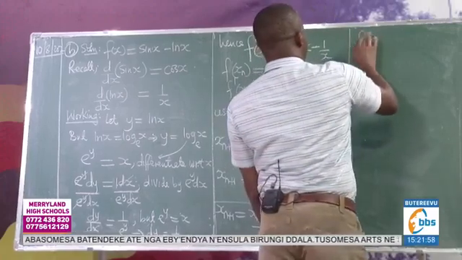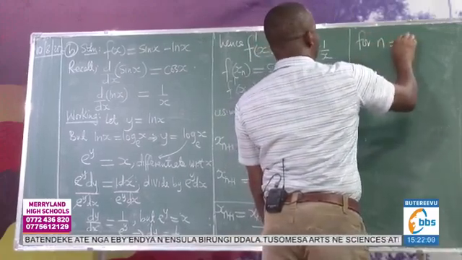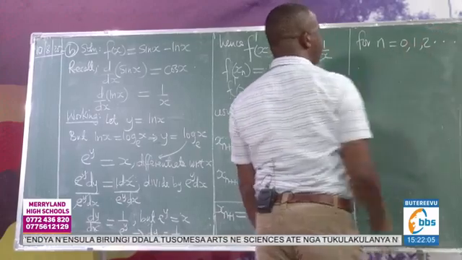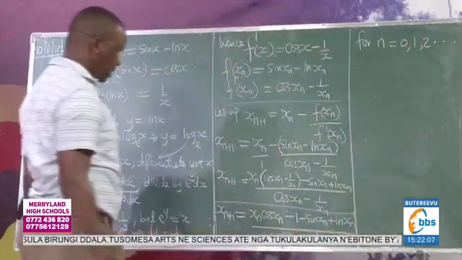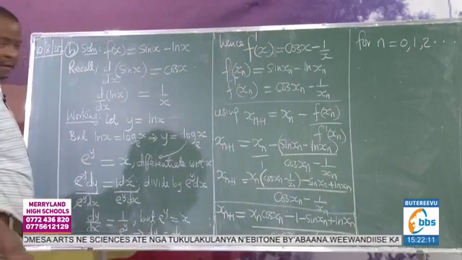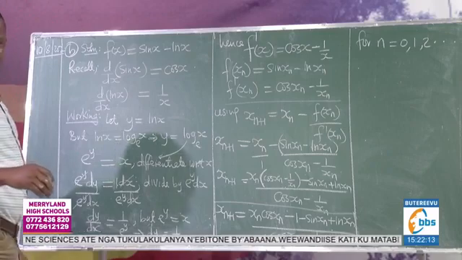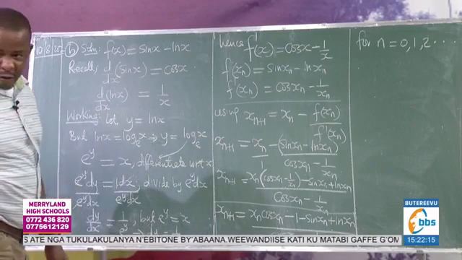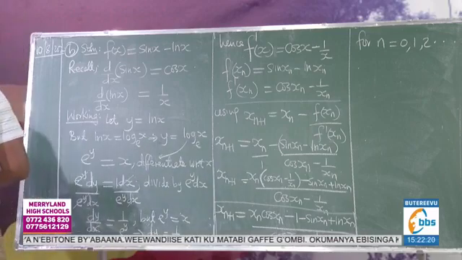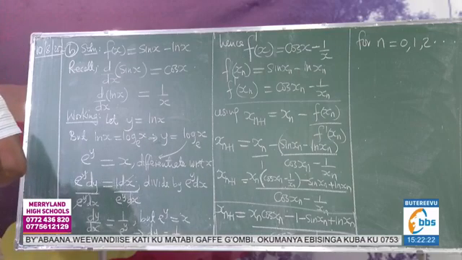It is important to note that n is an integer that starts from 0, 1, 2 onwards as we take up the approximations. Derive the Newton Raphson formula for approximating the root to the equation, and that was what they wanted us to derive.